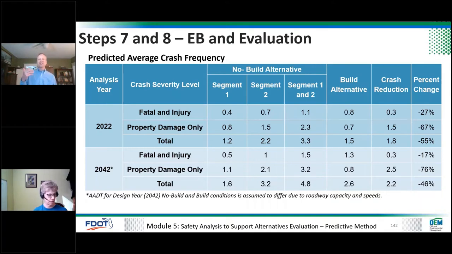The safety performance functions are very specific, and a lot of them are developed separately for severe crashes, the fatal and injury crashes, compared to the property damage only crashes. That separation is important and useful to us so that we aren't mistakenly reducing total crashes but increasing severe crashes.